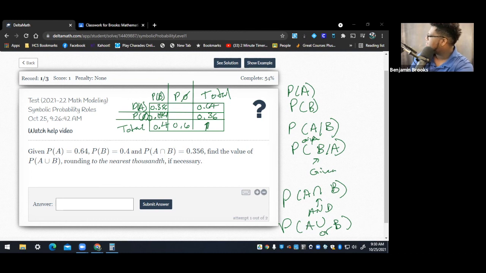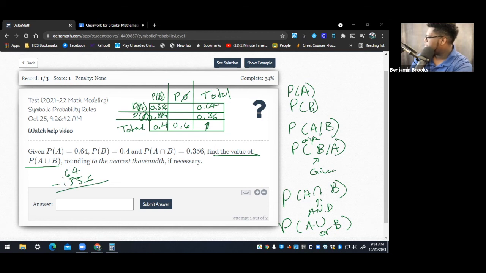So let's walk through this. Find the value of A or B, that A or B happens. So the probability that A or B happens would be, let's see, 0.356 and then what else is this? Subtract those real quick.